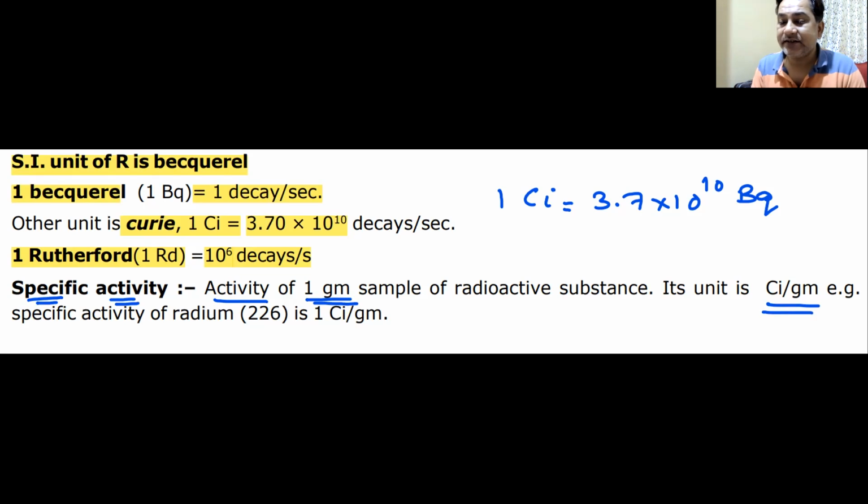We understand this? They might ask you what is the unit of specific activity. You can write it as Curie per gram or Rutherford per gram or becquerel per gram. Shall we move ahead?